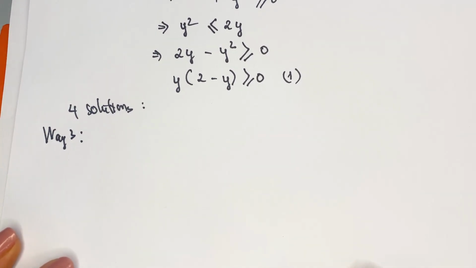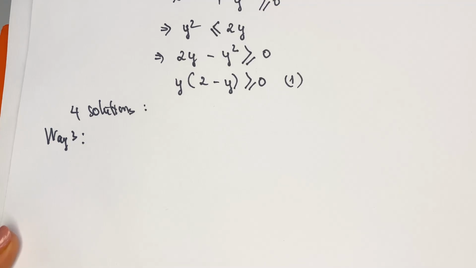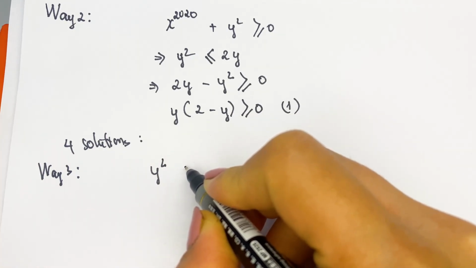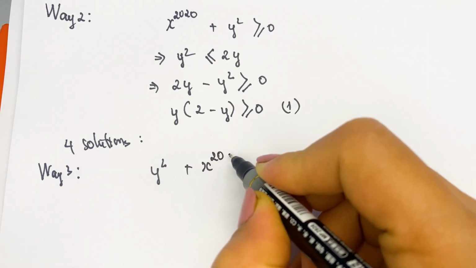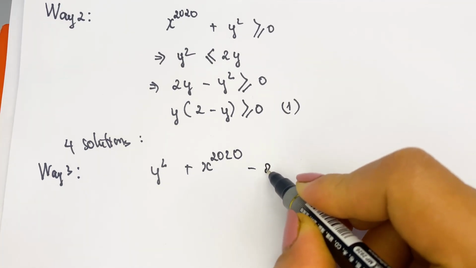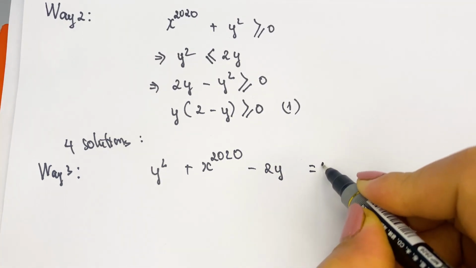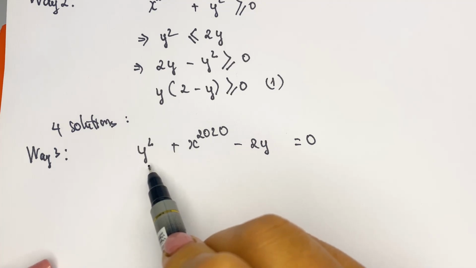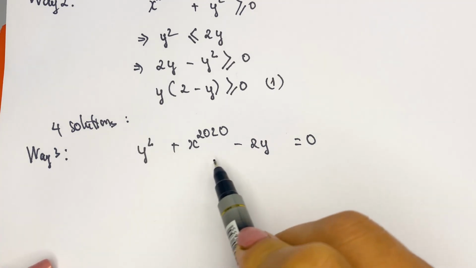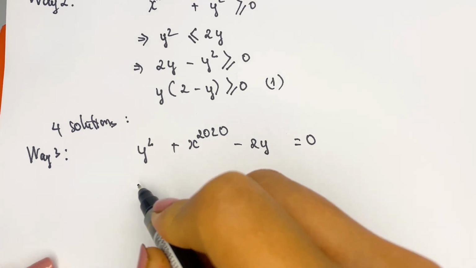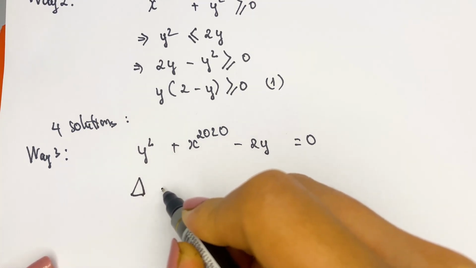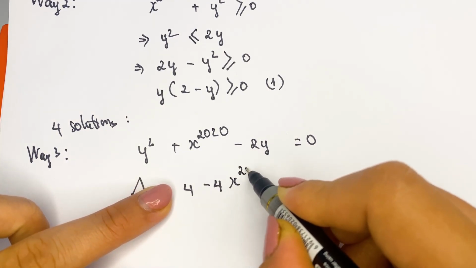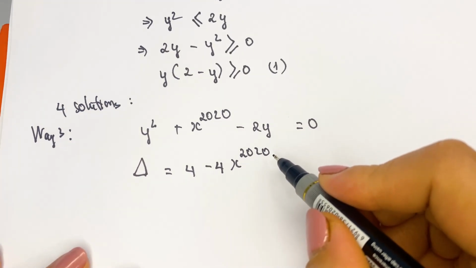Yes, for the third way, everyone can do. Firstly, you can see y squared plus x^20 minus 2y equals 0. Yes, it means that it is a quadratic equation, right? You can say the discriminant equals 4 minus 4x^20, right?